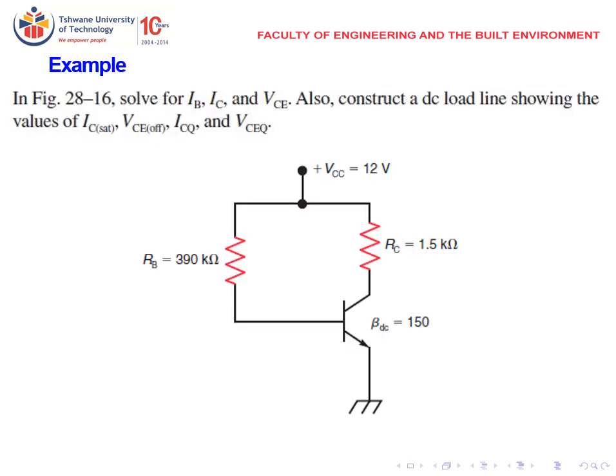Example, figure 28 to 16: solve for IB, IC, and VCE. Also construct a DC load line showing the values of IC saturation, VCE cutoff, ICQ, and VCEQ. So this one here is also base biasing with a single supply.